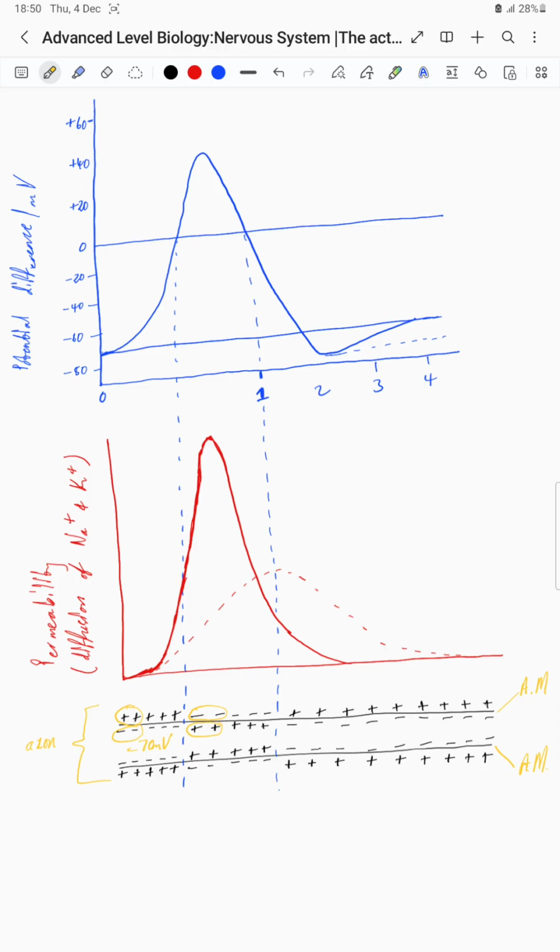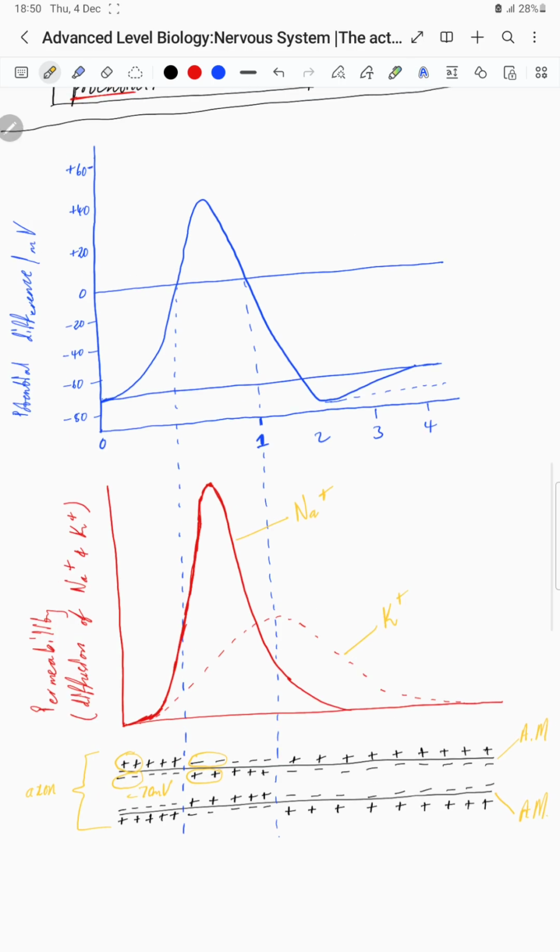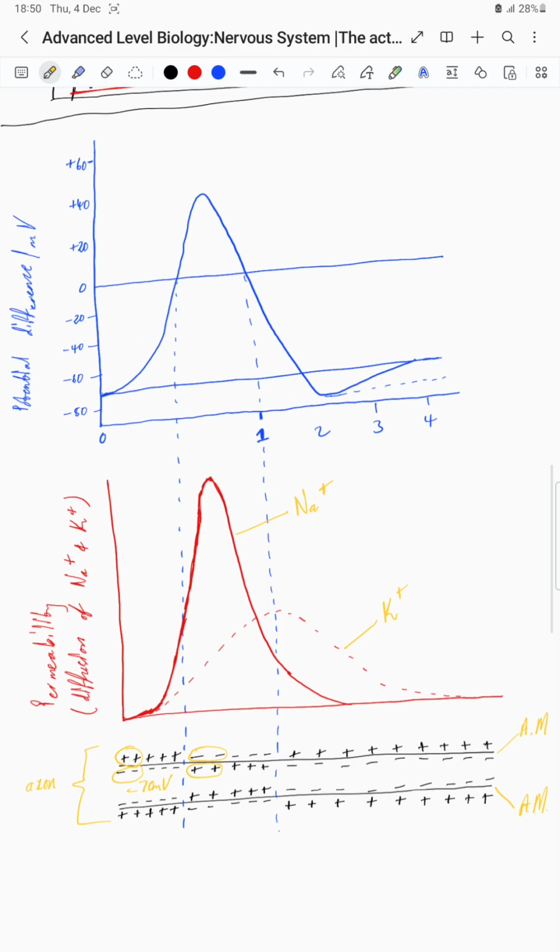We have the permeability of the sodium ions and the permeability of the potassium ions. And on the blue graph at the peak, we have the action potential.